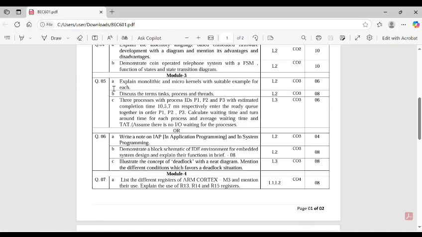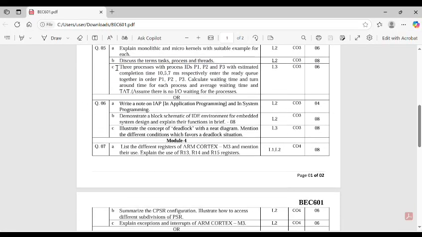Next in Module 3, question 5A: explain the monolithic and microkernel with a suitable example for each. In 5B, discuss the terms task, process and threads. This is the problem statement of 5C. Three processes with process IDs P1, P2, P3 with estimated completion times 10, 5, 7 ms respectively enter the ready queue together in the order P1, P2, P3.